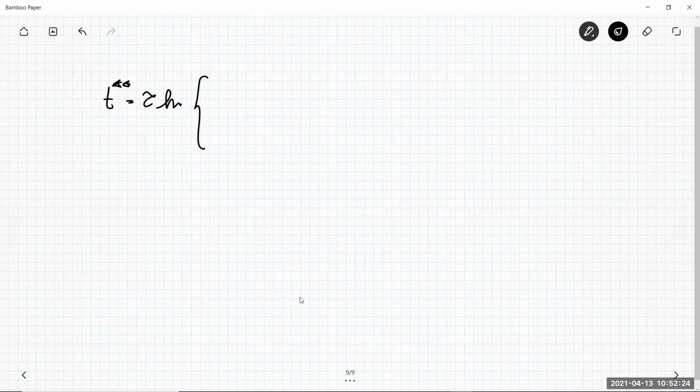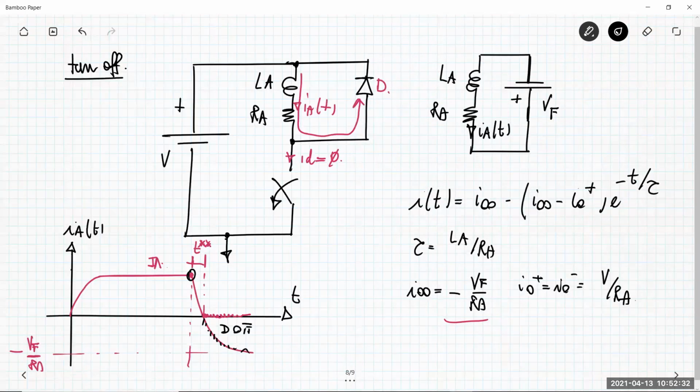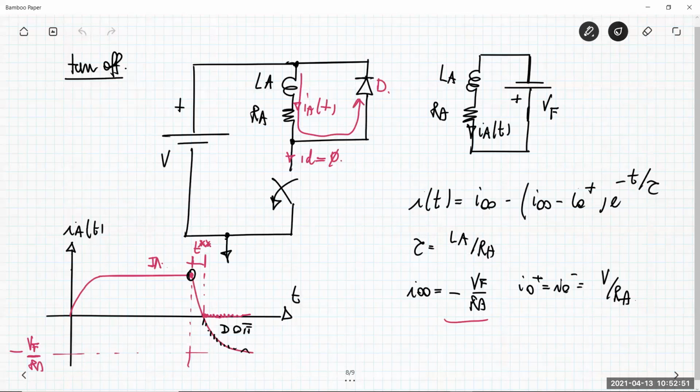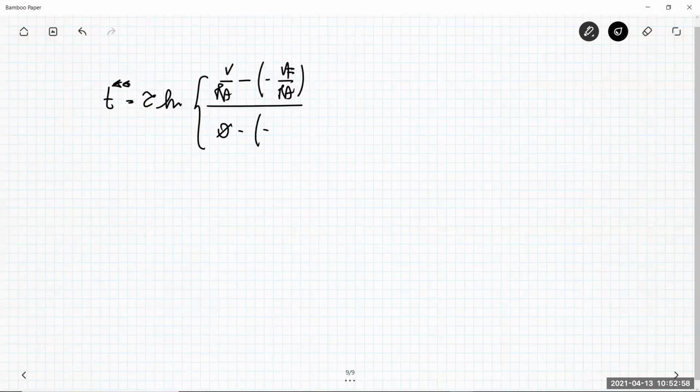You have to consider which is the current here, which is IA, so V over RA, minus the infinite current, and so we have minus VF over RA, divided by the current that you can have in the second point you are interested in. So here the current is 0, minus VF over RA.